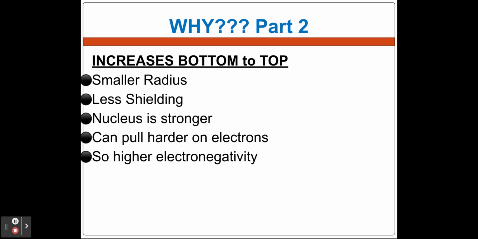There's less shielding, so you have fewer inner core electrons, therefore less shielding, and therefore the electrons are feeling a stronger pull. And so the nucleus can pull harder on those electrons, and therefore that stronger pull on the electrons is a sign of a higher electronegativity.